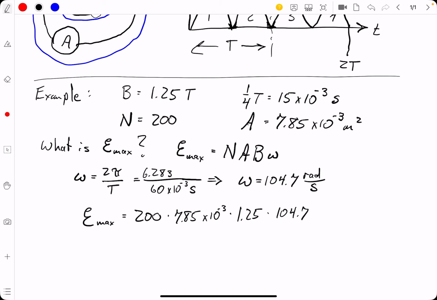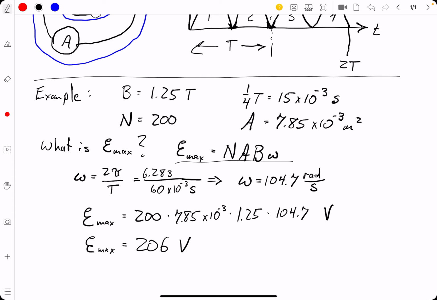Okay. Not worrying about units, we're just going to slap volts on there because we know we've done it correctly. And so then we have EMF max of 206.